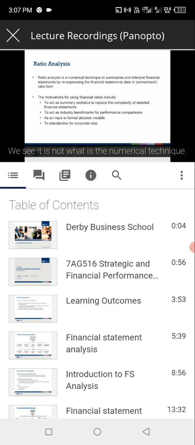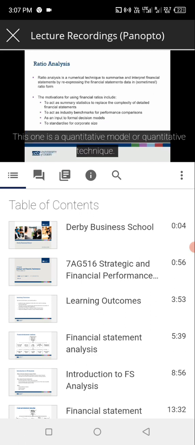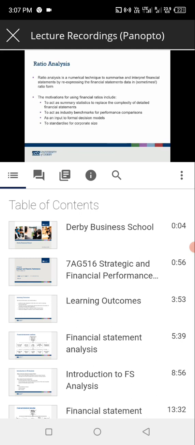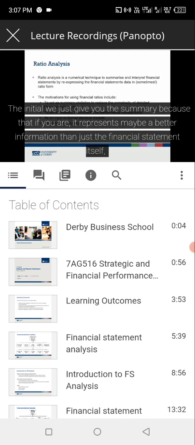It's a numerical technique. It is a quantitative technique we simply use to summarize and interpret financial statements. Instead of just looking at the figures, this is the profit for the year, or this is the revenue, this is the cost of sales, and so on, just calculate your ratio. The ratio will give you the summary. Is that okay?